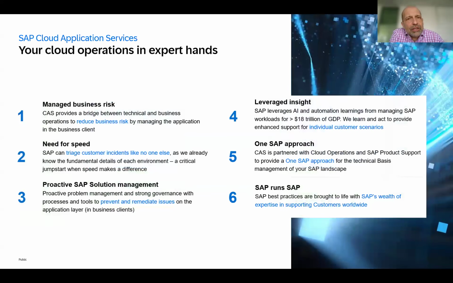That was mainly what I wanted to show you about the offering from SAP Cloud Application Services. As a summary, here are some of the topics where you can benefit from Cloud Application Services. We offer a possibility to bridge technical and business operations, and to reduce business risk, because we do proactive work on the system and alert you as early as possible if there's any trend which could run into an issue.